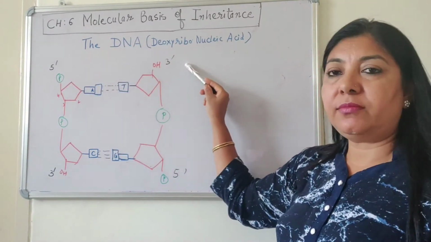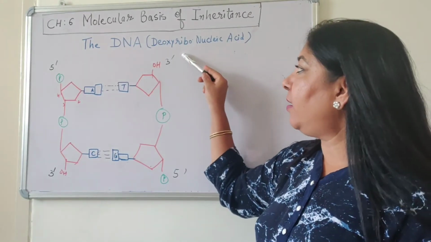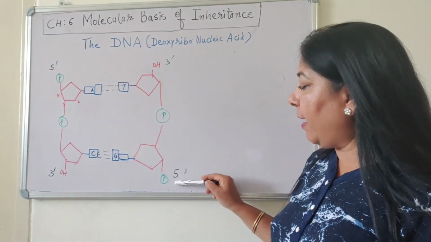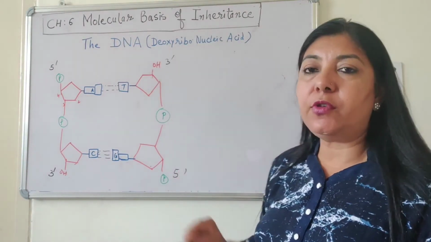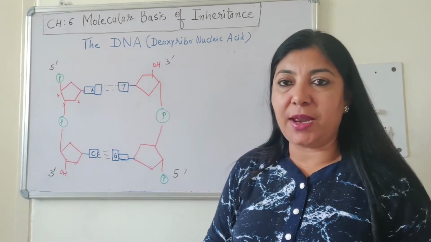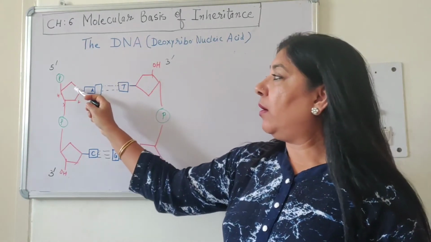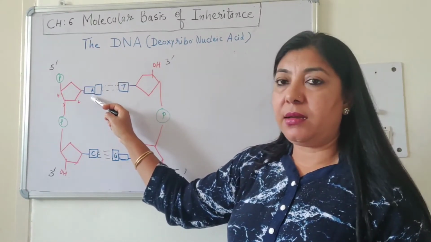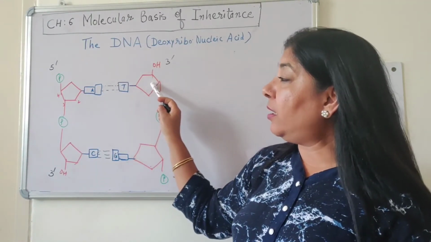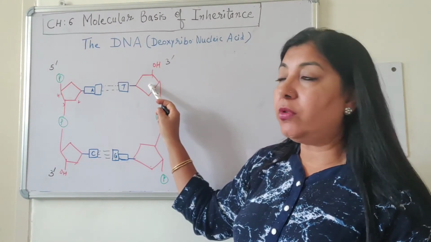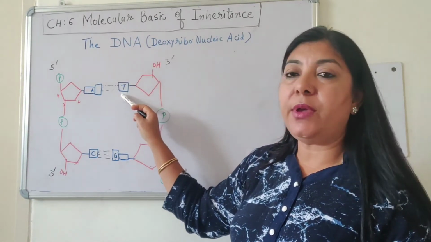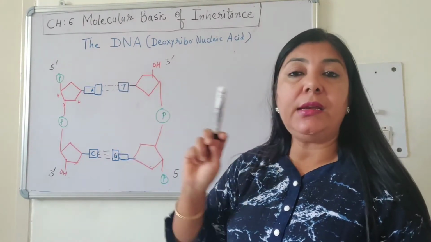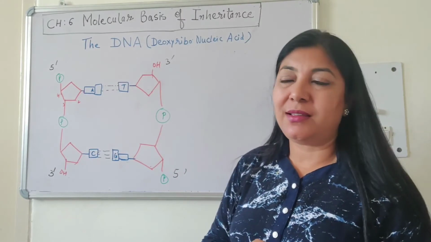If you see this chain, this is opposite. Here the 3' is there at the top having hydroxyl and 5' is at the base having phosphate group. So this is anti-parallel. Now you can see at 1' it is having nitrogen base adenine. So the other deoxyribose will have the nitrogen base thymine and they will be held together by two hydrogen bonds.